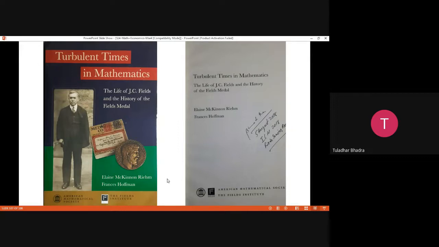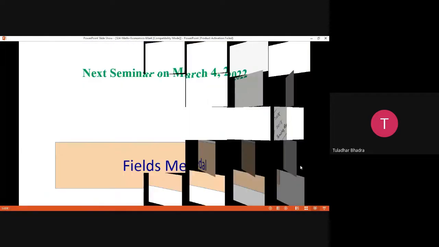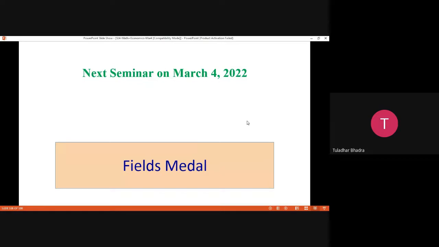So my next lecture will be related with this book, with the life of Fields and the mathematicians who are the Fields Medal winners. That's my next seminar, the concluding seminar. This will be the last one.